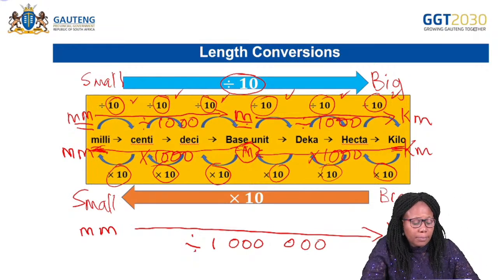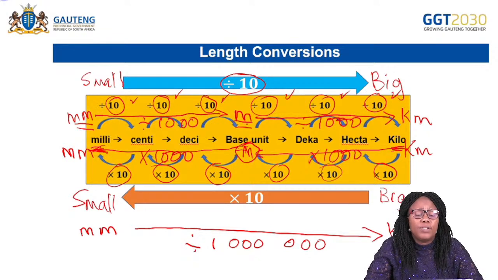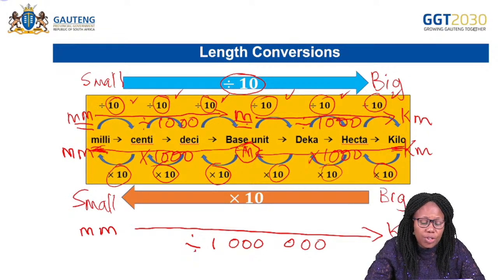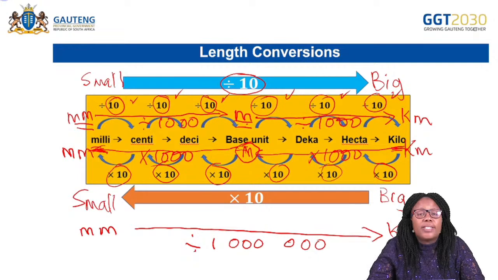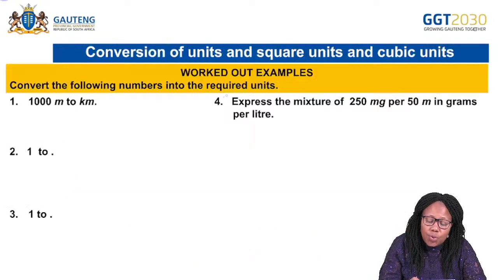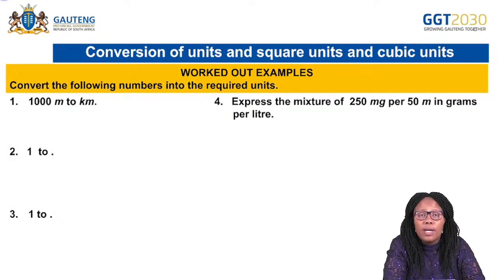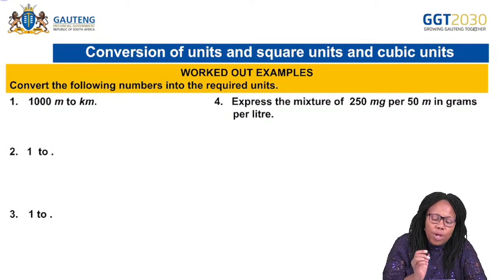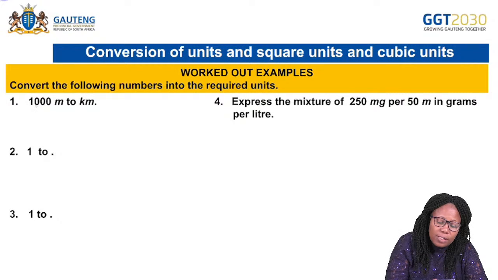All right. Now let's look at the activity whereby we are converting units, square units and cubic units. Our first activity states: convert the following numbers into the required units. The first one, we are converting 1,000 meters to kilometers.